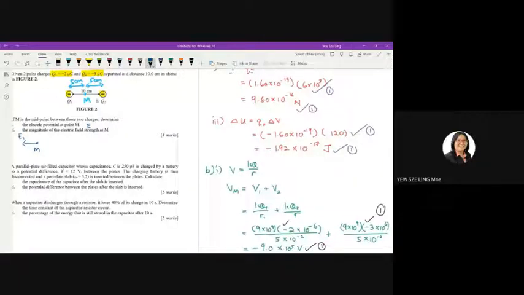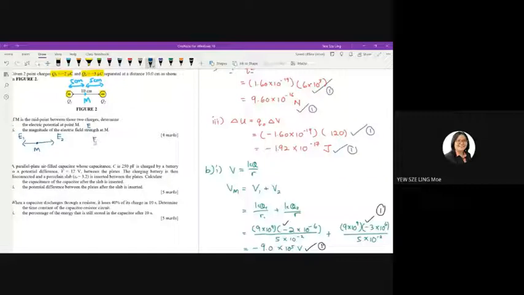Q2 is also a negative charge. So the electric field is also pointing towards the negative Q2. So E2 is going to the right-hand side, E1 is going to the left-hand side. Then the magnitude of the electric field. You want the total electric field.